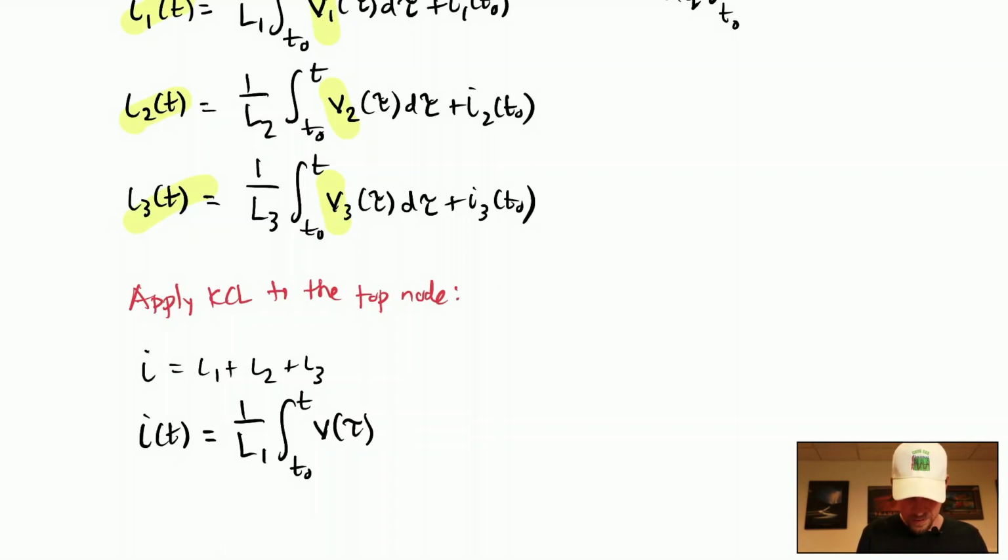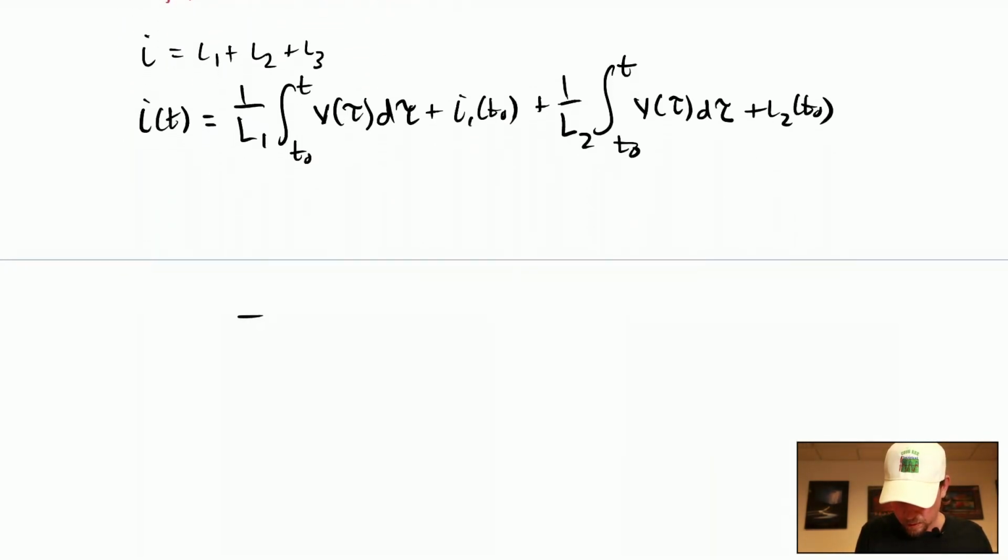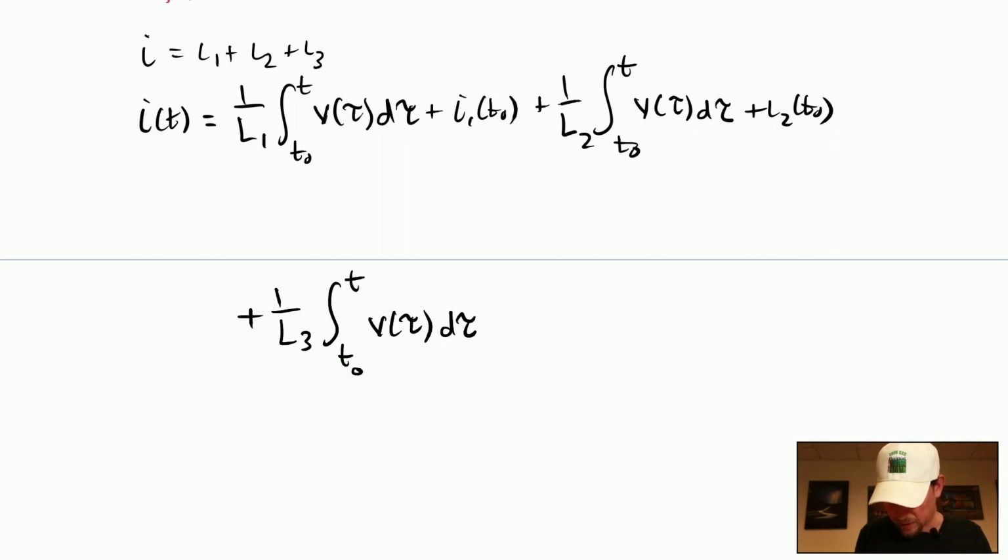It should be tau, plus I1 of t0 plus 1 over L2, the integral from t0 to t of V of tau d tau plus I2 at t0, and then lastly 1 over L3, the integral from t0 to t of V of tau d tau plus I3 of t0.